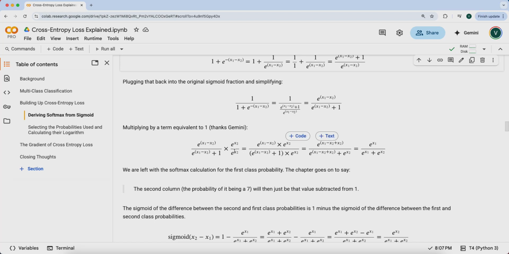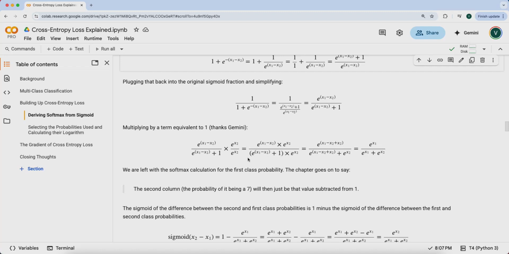It cancels out, so effectively I'm multiplying by 1, but by doing so, we're going to see how we get our desired result. Walking through this step by step, because I'm multiplying fractions, I multiply the numerators together and the denominators together. In the denominator, I distribute the e to the x2 to the exponential term as well as the plus 1.